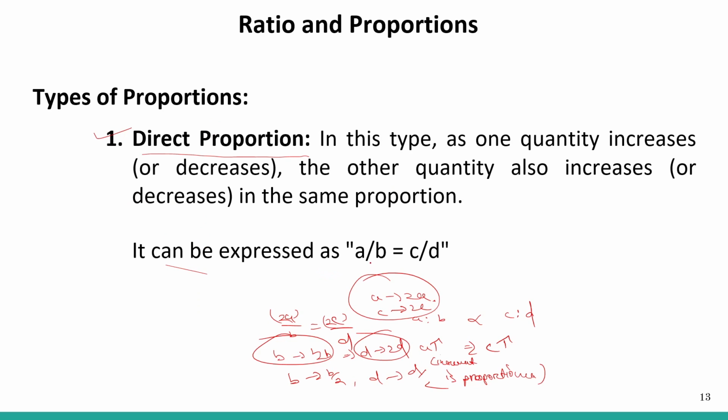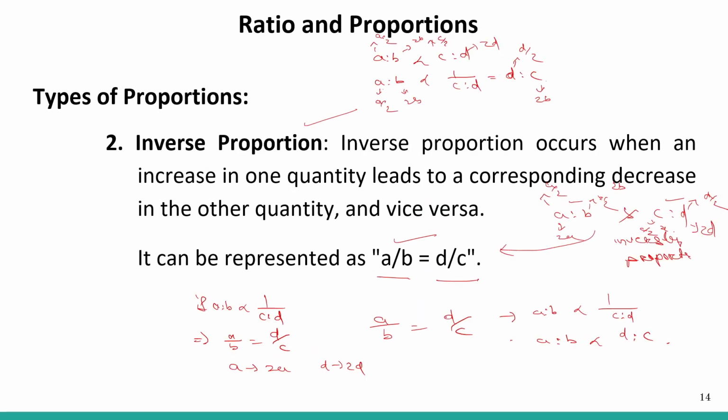Direct proportion was nothing but if A is to B is equal to C is to D, that is A by B is equal to C by D, then we say that A is to B is directly proportional to C is to D. So what is inverse proportion? A is to B is equal to D by C, and then it will be called A is to B is inversely proportional to C by D. In direct proportion, if A increases by 2x, then C increases by 2x.